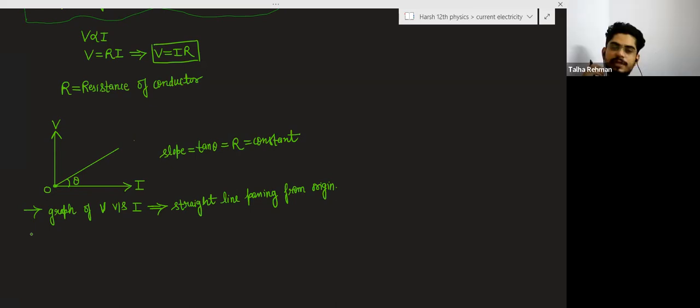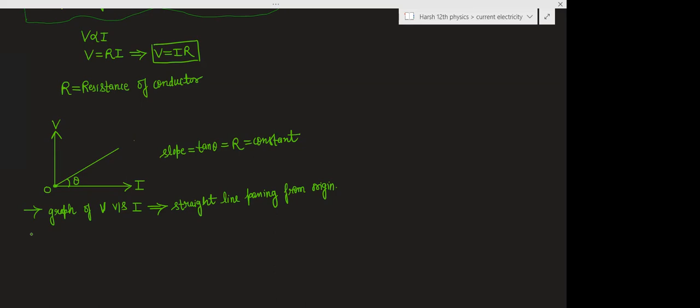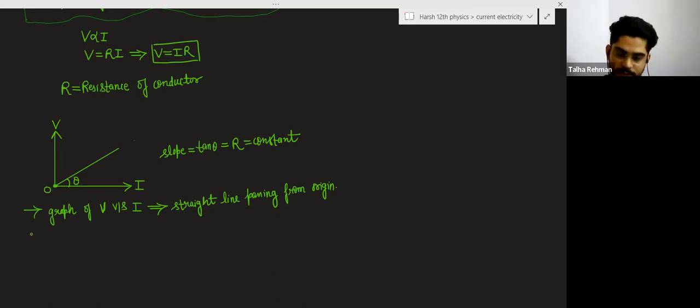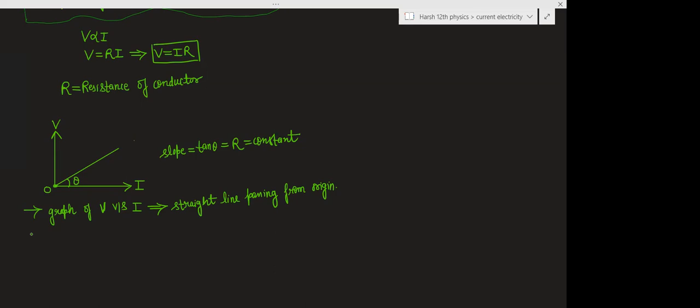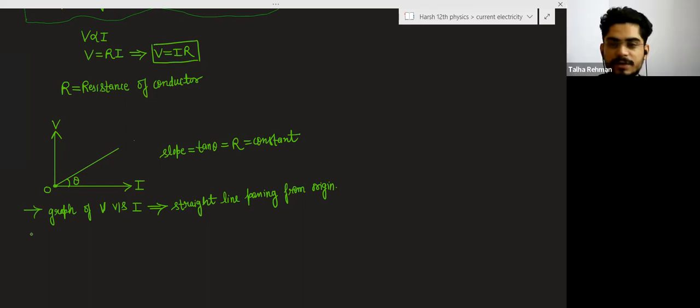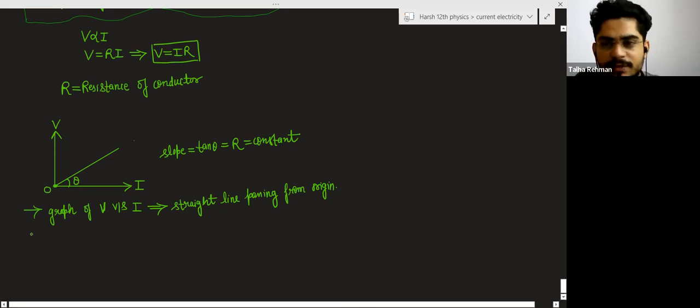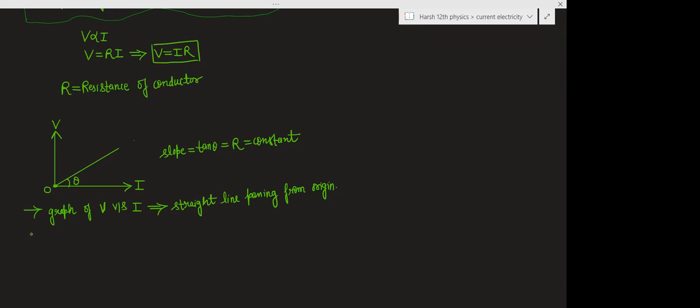There is a physics lab in your school. Yes, sir. There is a lab, but last year it was COVID, so half year school was there. Understood. No problem. You can understand this thing from the graph also. Yes, sir. So done, sir.